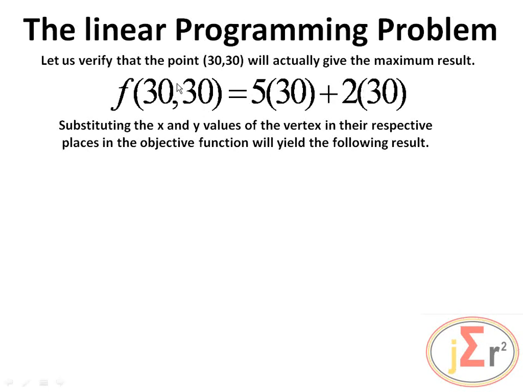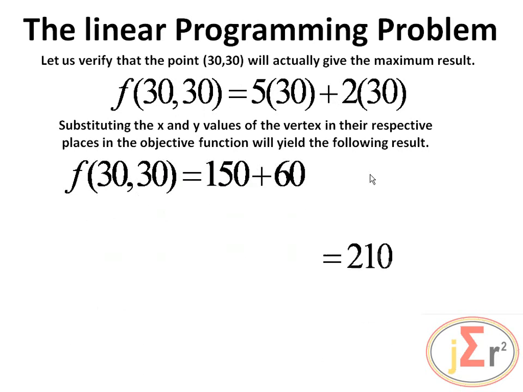So we have the x value accompanying the x coefficient, and of course the y value accompanying the y coefficient. 5 times 30, 150, and 2 times 30, 60. And when we add those, we have 210.